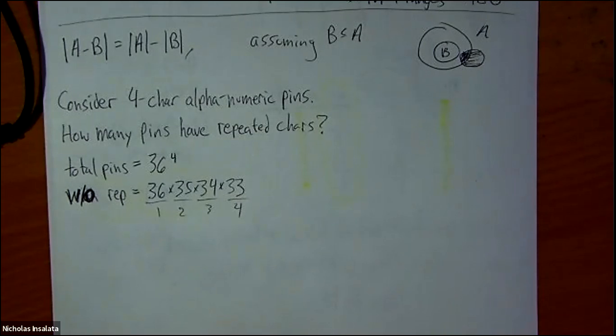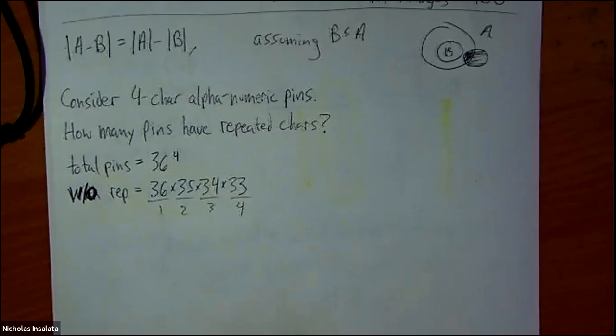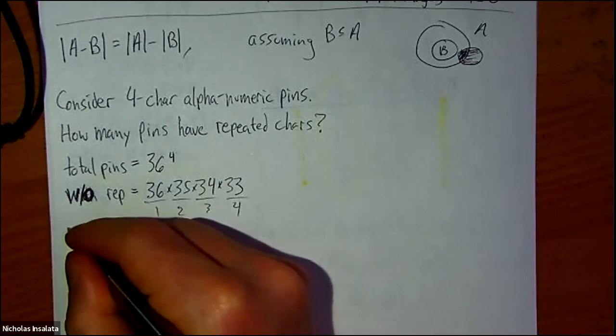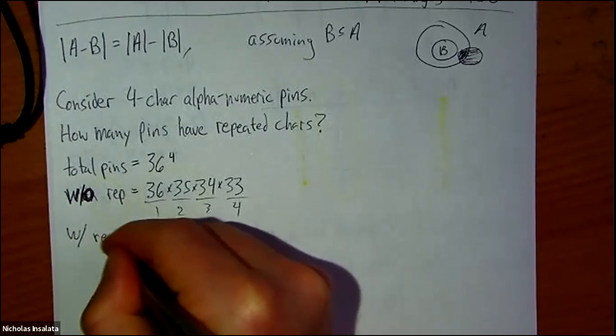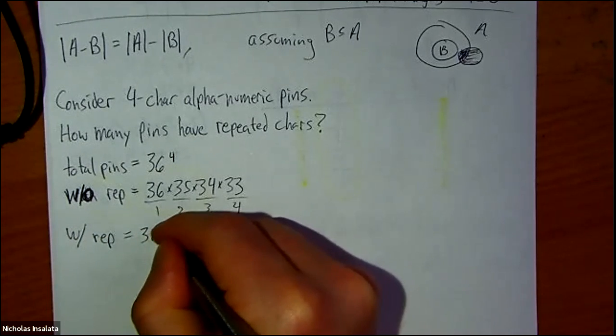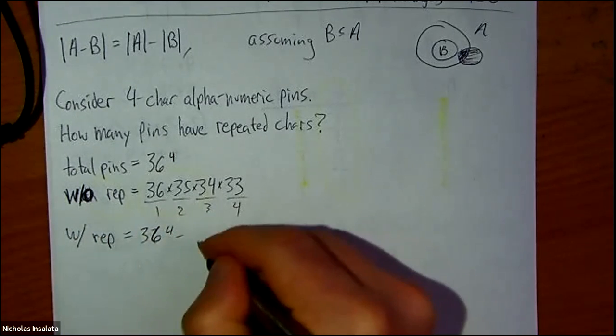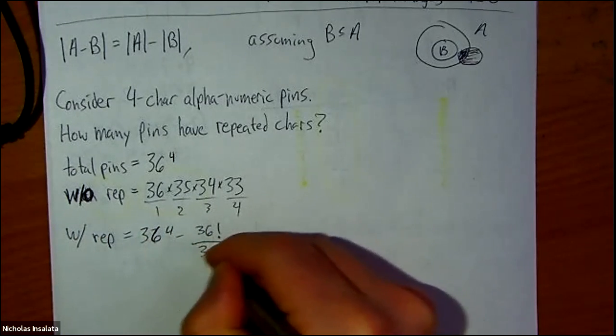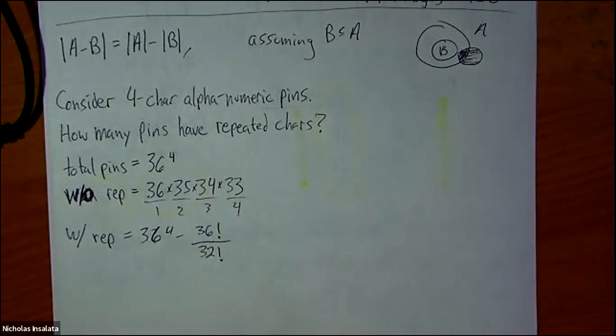So if you want the ones with repetition, you can just subtract those. So with repetition equals 36 to the fourth minus 36 factorial divided by 32 factorial. Okay.